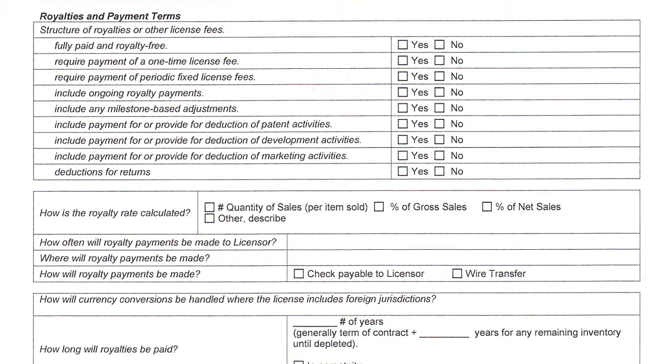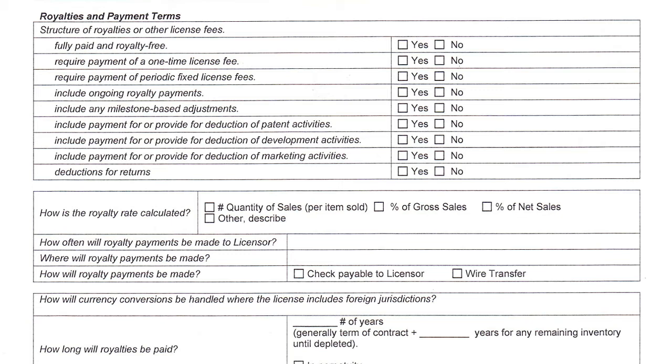And then deductions for development activities. So creation of websites, creation of packaging, creation of product materials, whatever the case may be, there may be some deductions from the royalty rates for the efforts and work that they put in to help create and develop those materials for your product. Other marketing activities, social media development, web focus, bloggers, those types of things.